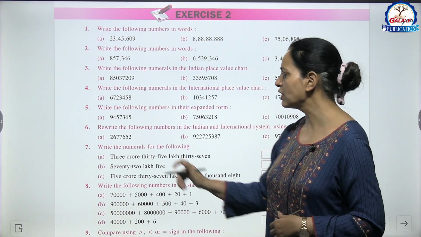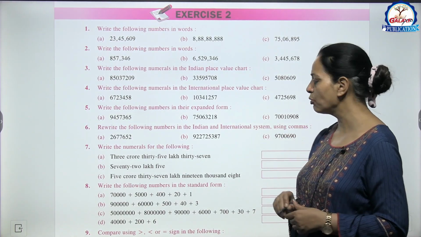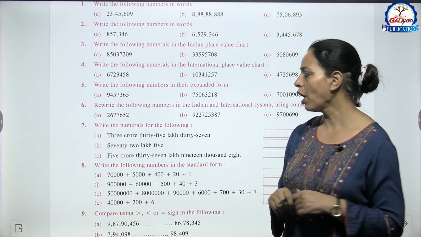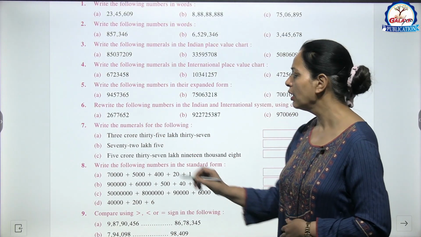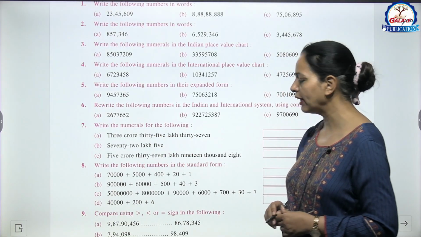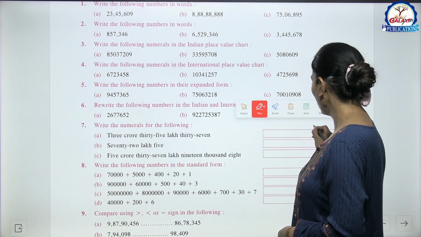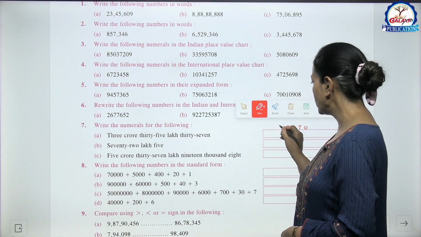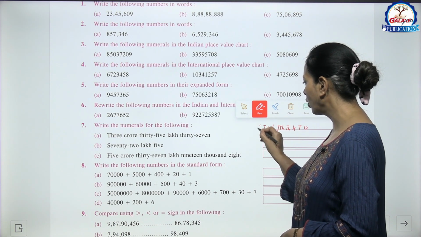Now question number 6. Rewrite the following numbers in the Indian and international system using commas. You can try on your own. Very simple. Now see 7th question. Write the numerals for the following. A part: 3 crore 35 lakh 37. So what to do? Here you know ones, tens, hundreds, thousands, ten thousands, lakh, ten lakh, crore.